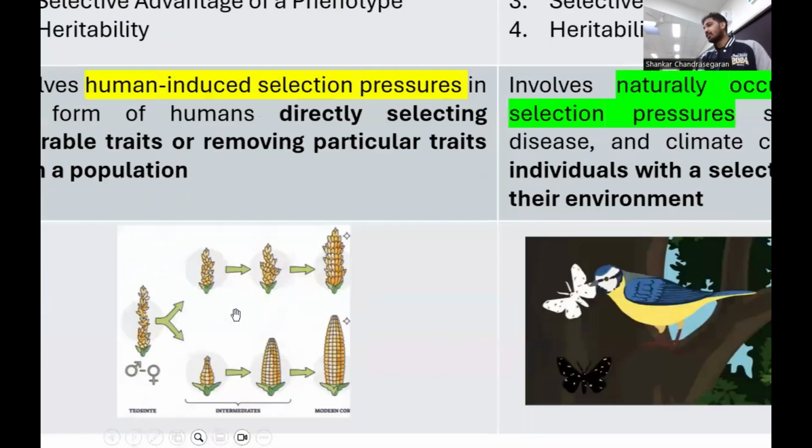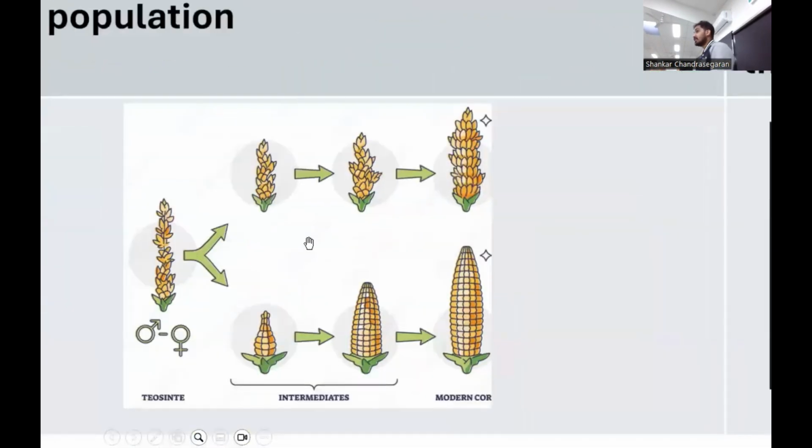Like I said before, when the species of corn, maize, originated, it had very little value to humans because the amount of food we could get from it was very little. So for many generations, we artificially selected for those wild type maize that were generating more and more food.